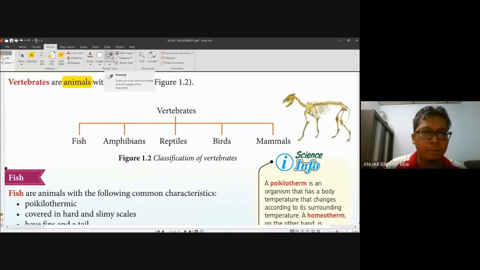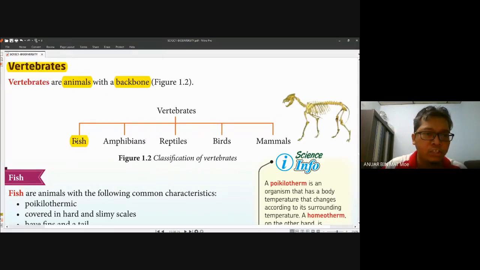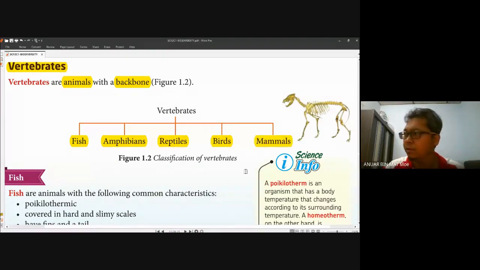This one you must remember. Number 1 is fish, amphibians, reptiles, birds, and mammals. There are 5 categories or classifications of vertebrates.